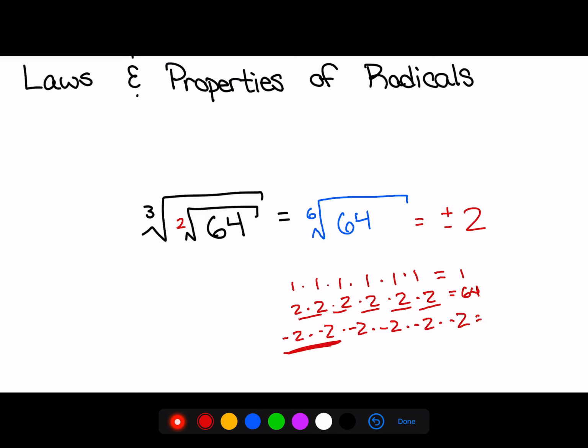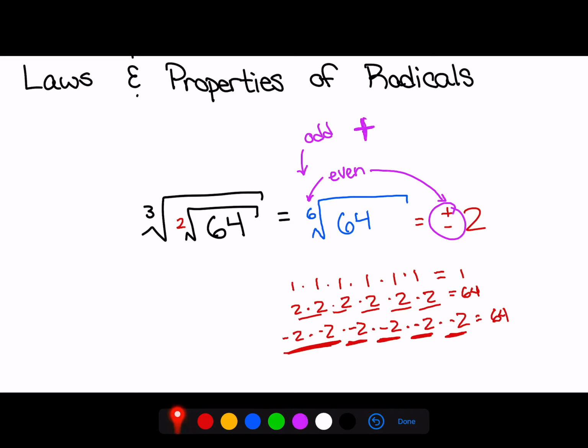This will be positive 4, negative 8, positive 16, negative 32, positive 64. So in this case, it's plus or minus 2. And just so that you guys know, if this number is even, it's always going to be plus or minus 2. If that number is odd, it's just going to be plus.